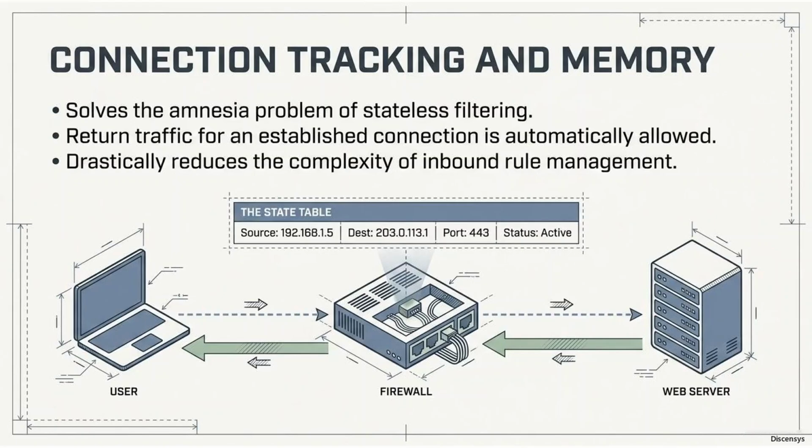Return traffic for an established connection is automatically allowed, which drastically reduces the complexity of inbound rule management. You could see the session table, or the state table, where it includes the source, that is the origin, and destination, where it has come from, the IP address, the port, and status, which is active. It begins from the web server and then goes to the firewall, where the firewall decides whether to allow or not, and then it goes to the user.